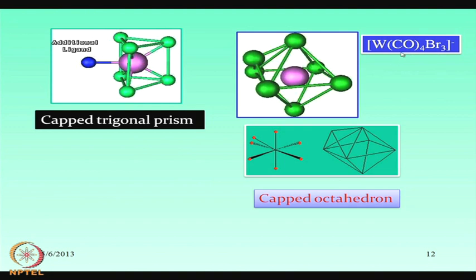So, the 3+3 situation is well known to us, it can be visualized nicely also, that it can be either in one particular face or it can be through some meridional plane. So, 3 of one type, that means the bromide ligand, and 4 of another type, that means 3 from the other side and 1 extra, giving rise to these 4 carbon monoxide ligands.